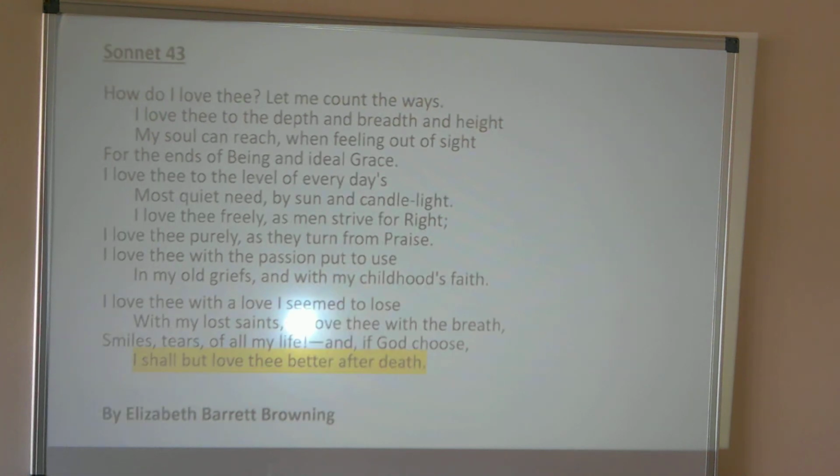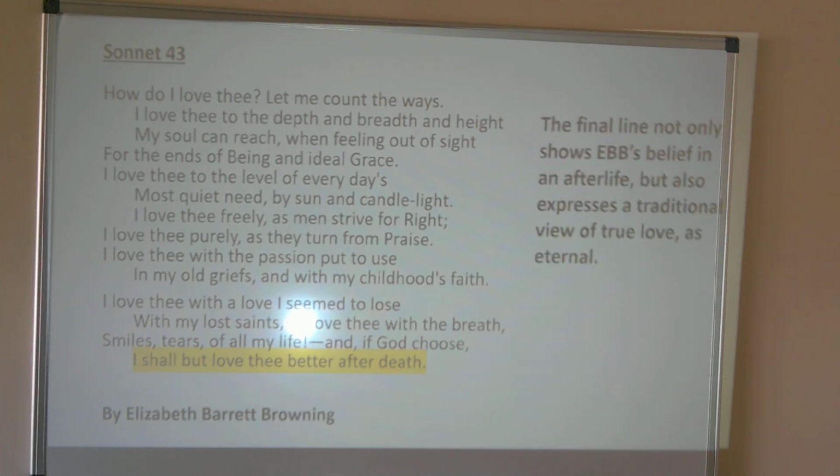The second point I would make is about the final line. "I shall but love thee better after death," says Barrett Browning in this poem. Ending with the word death suggests the eternity of it, that the poem doesn't really end. The feelings in this poem are going to go on after death. And being the final words in the poem suggests this eternity.